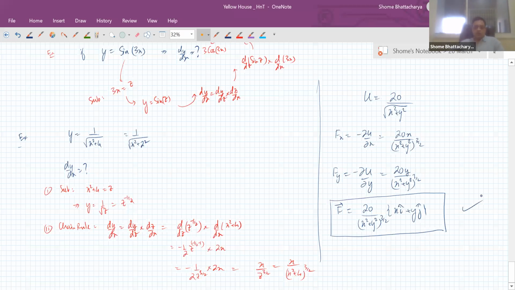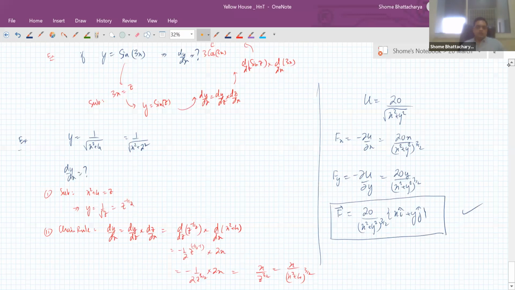There is no external force and there is no non-conservative force. Okay, so hope this is clear.